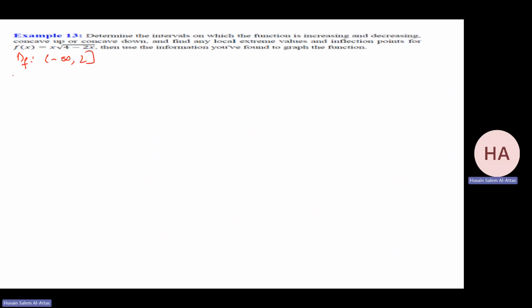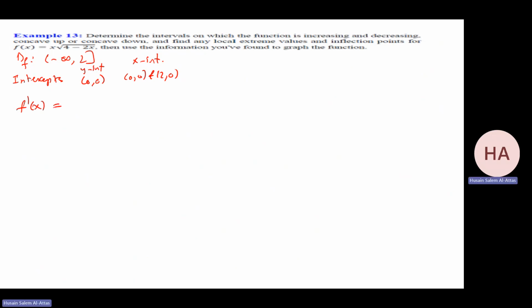Intercepts. Very clear. 0, 0 as a y-intercept, and 0, 0 and 2, 0 as x-intercepts. Okay. Now we'll do f prime.